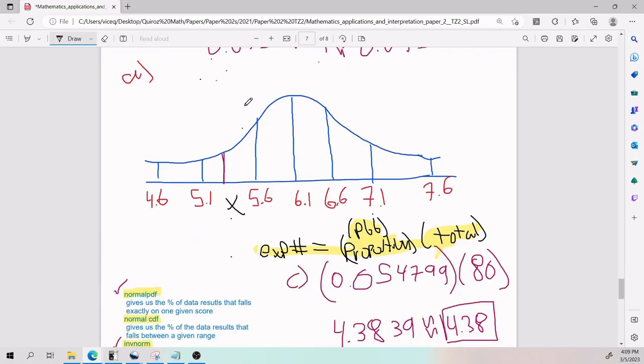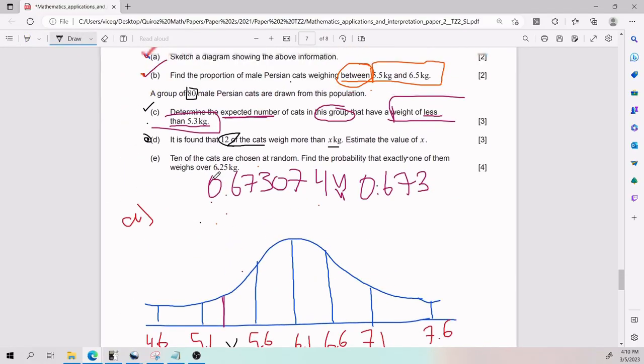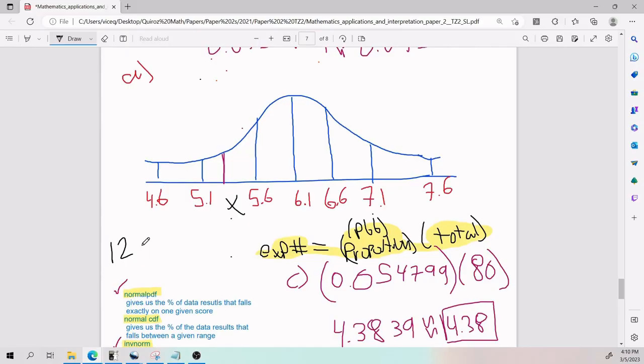Exactly. So down here, let us remember that I did point out an equation for expected number, which is expected number equals your probability or proportion, or area, ¿cierto?, times your total. So expected number in this case is 12 because we're talking about the 12 cats, equals your proportion times your total, which in this case is 80, the group of 80 cats.